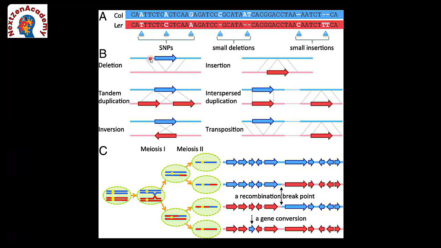You can see which is highlighted in white, the nucleotides are getting changed. That is called SNPs. You can see in this position a deletion has taken place. This is called a small deletion, and in this position an insertion has taken place. This is called a small insertion.